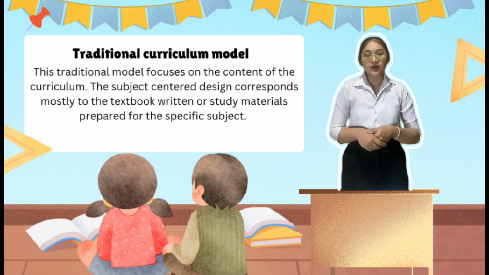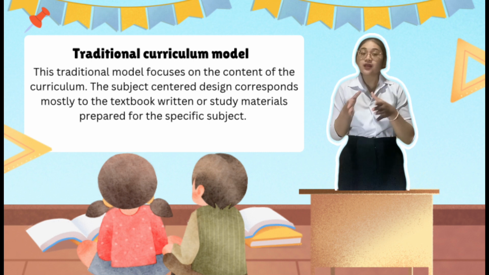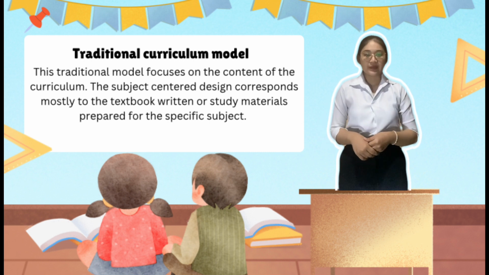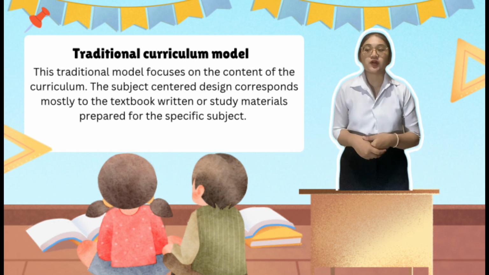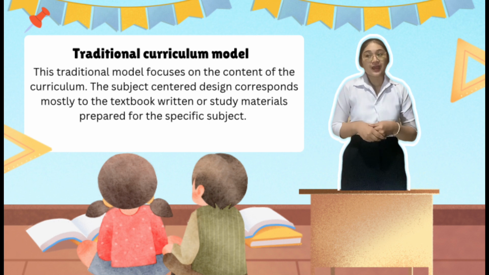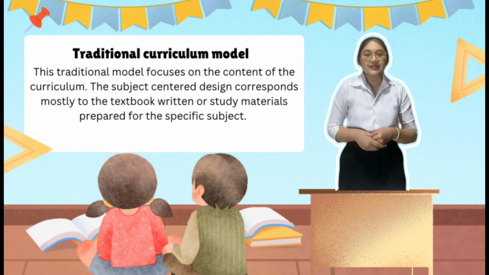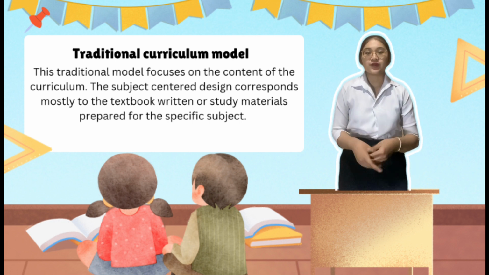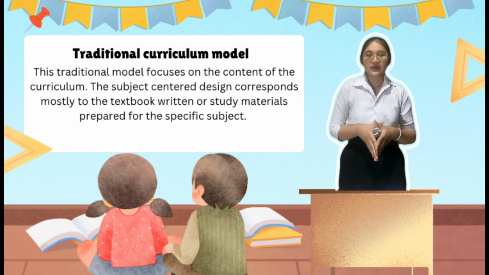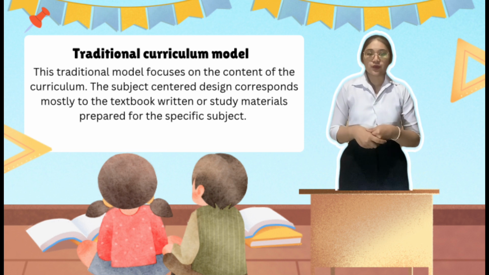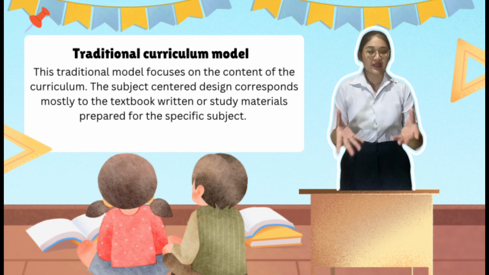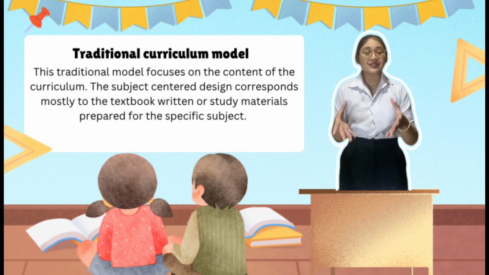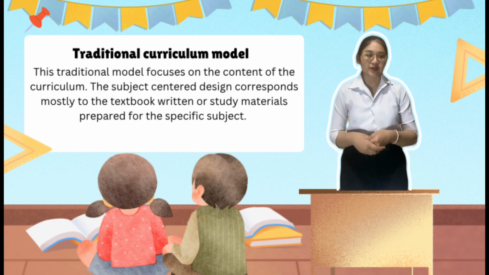The traditional model focuses on the content of the curriculum. The subject-centered design corresponds mostly to the textbook, written or study materials that prepare for the specific subject. So it's like when you study math, you will learn from the mathematics textbook. So this is how the traditional curriculum works.